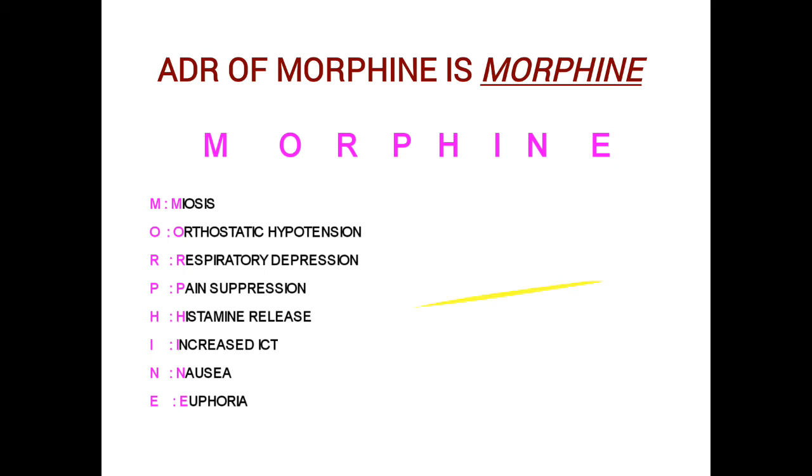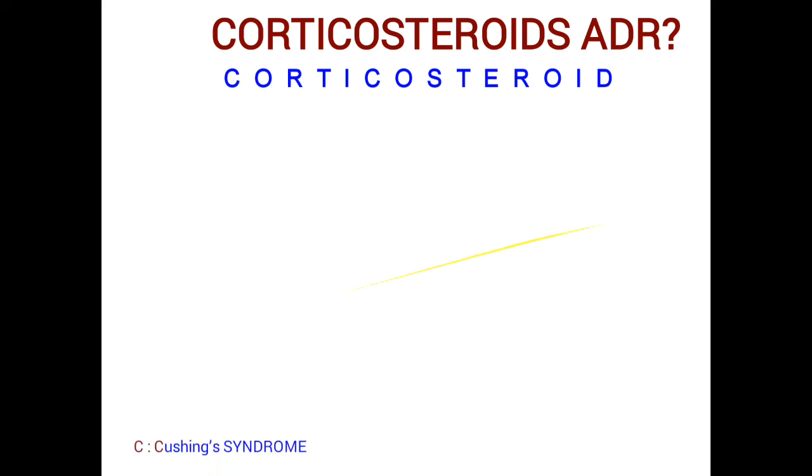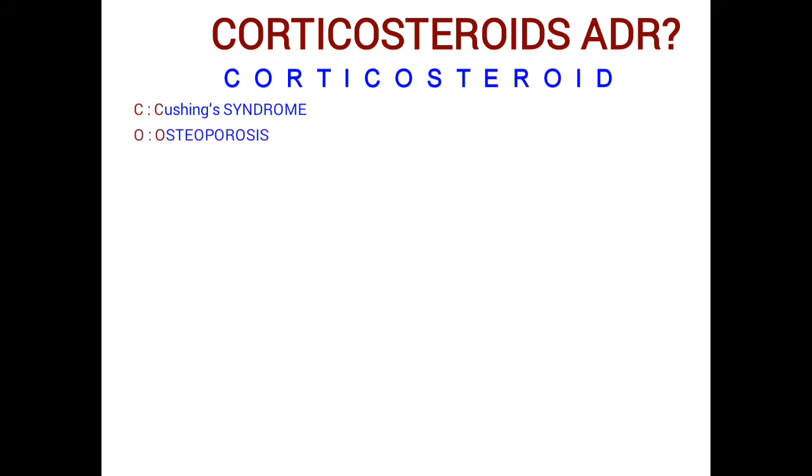And the next, third drug, I have selected corticosteroids. Corticosteroids is a category. It's not a single drug. And to remember the ADR of corticosteroids, you remember corticosteroid, CORTICOSTEROID. What's coming for C? Cushing's syndrome. What's for O?